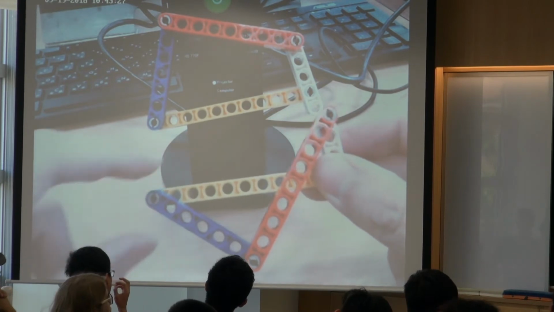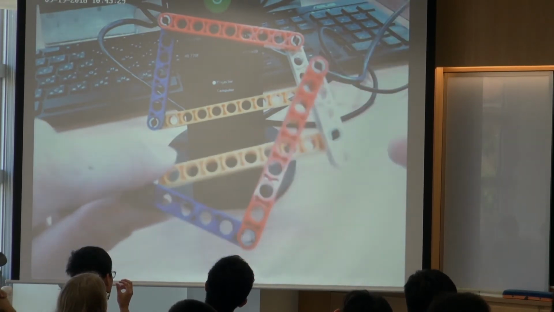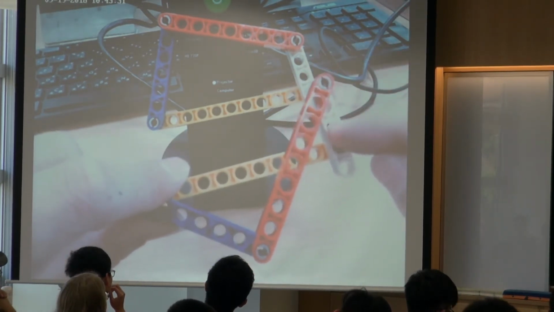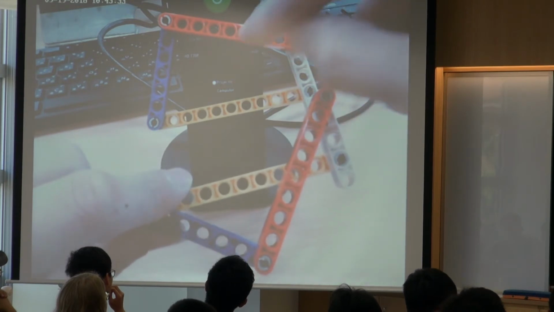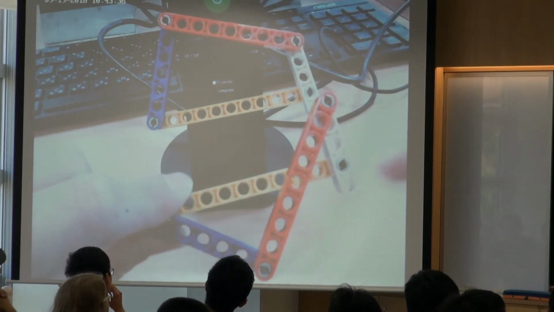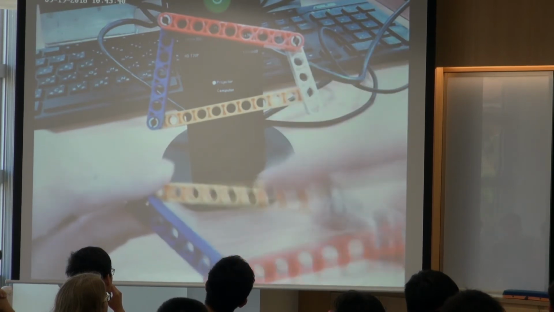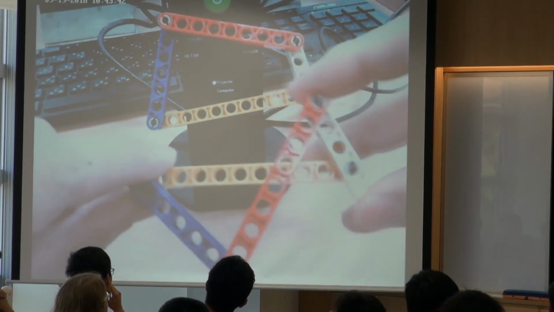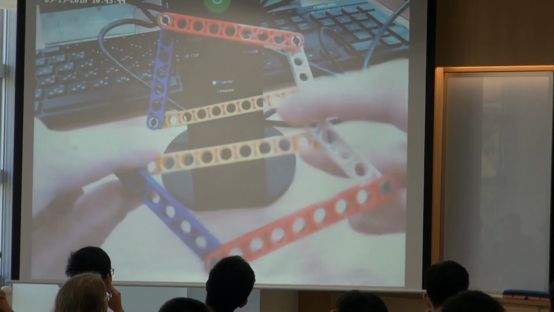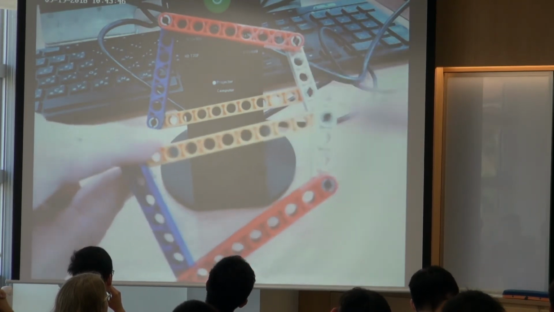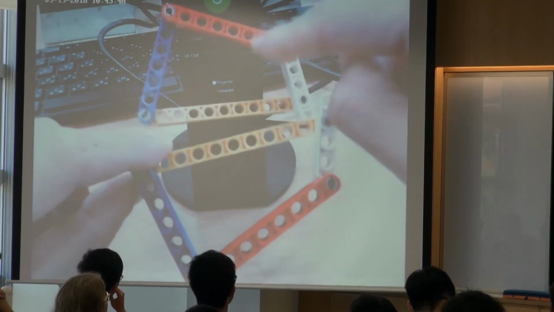Do you think if I drive this one, I can make this one become this one? Is it possible? No, it's impossible. No matter how I drive it, this one is always running this way. It's never going to become this one.